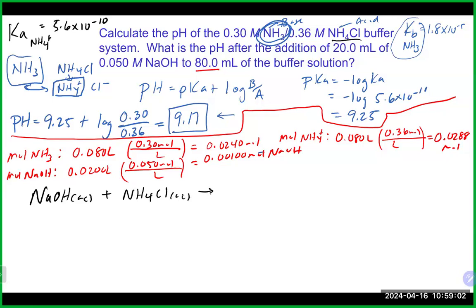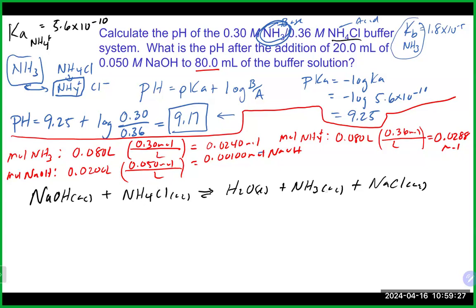And it is going to do a little double displacement reaction here. We're actually going to get some water that's going to be formed. We're also going to get some ammonia. And for the trifecta here, we will also get some sodium chloride as well. So we'll actually get three things that are formed here because we have the chloride and the sodium coming together.